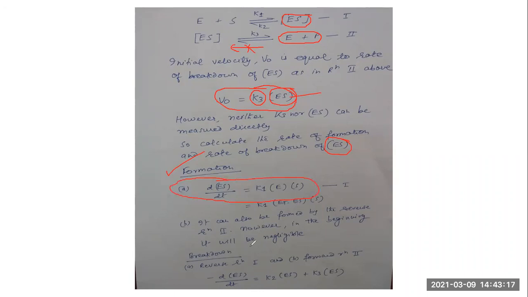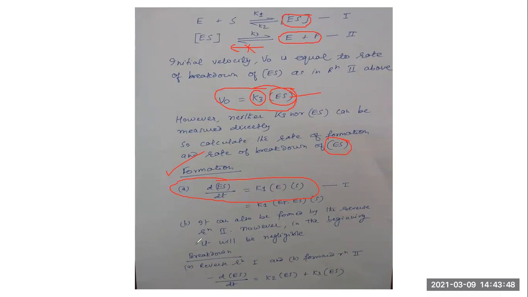Now, this is formation. Similarly, breakdown of ES can take place in two different ways. One is the reverse reaction, where ES breaks down to give you E and S. And second is when ES is hydrolyzed, you get E and P. So there are two different ways the ES complex can be broken down.